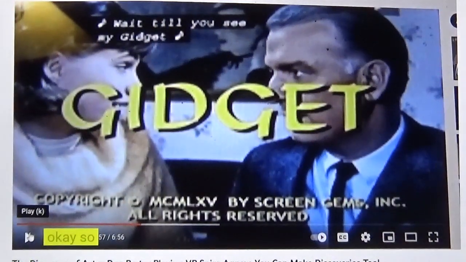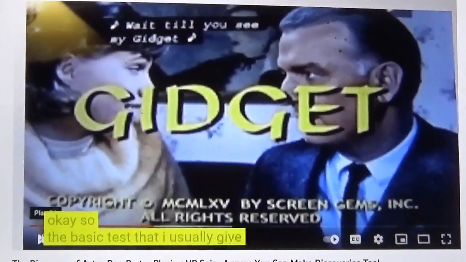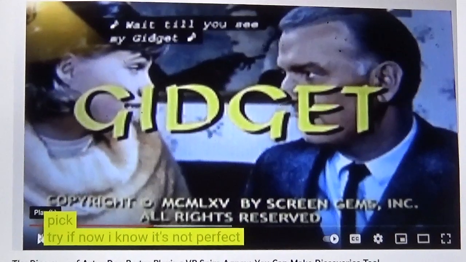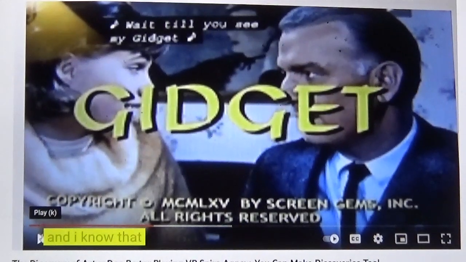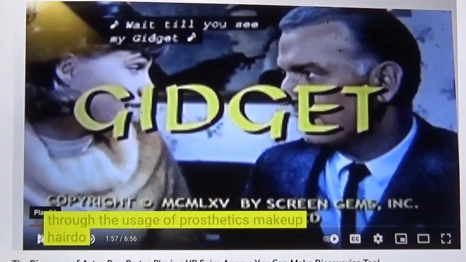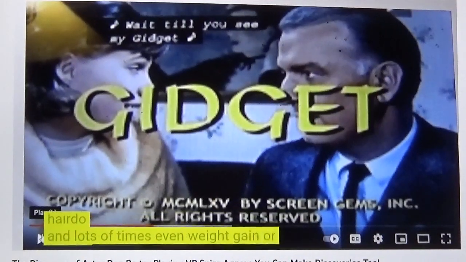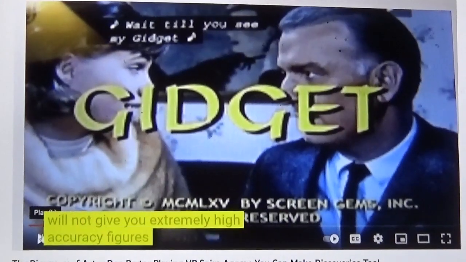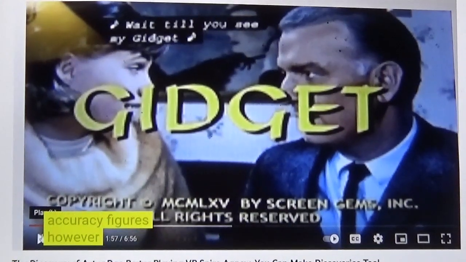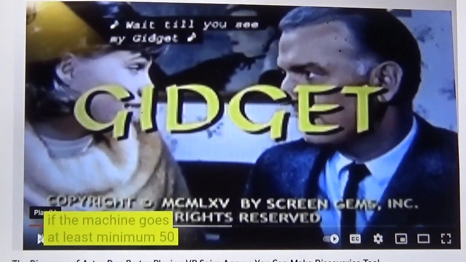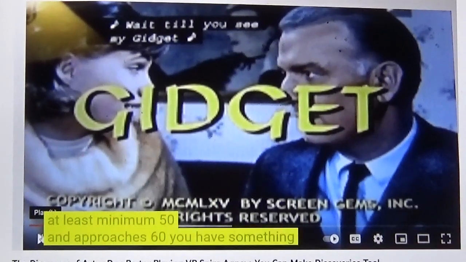Okay, so the basic test that I usually give is a pick, try, if. Now I know it's not perfect, and I know that through the usage of prosthetics, makeup, hairdo, and lots of times even weight gain or weight loss, it will not give you extremely high accuracy figures. However, if the machine goes at least minimum 50% and approaches 60%, you have something.